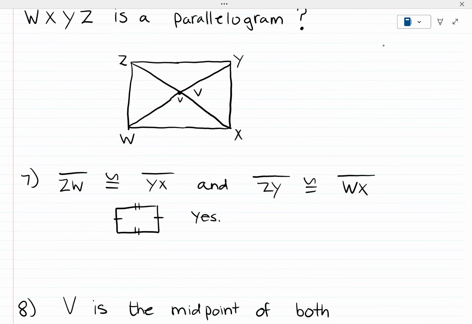Is WXYZ equilateral, meaning all the sides are the same? They don't tell you anything about the side lengths, but I'm going to say yes. Because if you look at 7, this side is congruent with this side, and this side is congruent to this side. They don't tell us any side lengths. They don't tell us any tick marks, so I'm going to say yes. I assume that all the sides are the same.